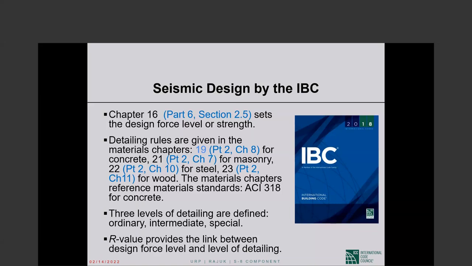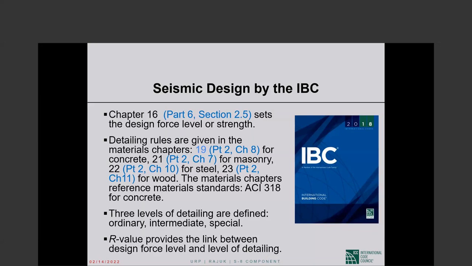As also mentioned previously, three levels of detailing are defined in our codes and standards, including ACI 318: ordinary detailing, intermediate detailing, special detailing. Special detailing gives you high inelastic deformability. Intermediate detailing gives you lower inelastic deformability, and ordinary detailing gives you even lower inelastic deformability than intermediate detailing.